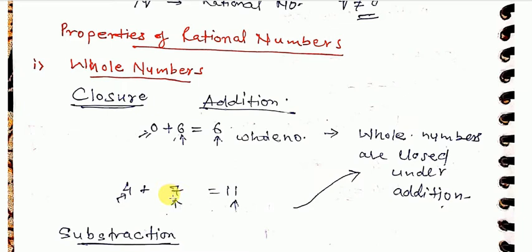Let's take another pair of whole numbers like 4 and 7, and their sum is 11. Here 4 is a whole number, 7 is a whole number, and 11, the sum of these two, is also a whole number. Similarly, for any two general numbers a and b, if a and b are whole numbers, their sum will also be a whole number. So we can say that whole numbers are closed under addition.